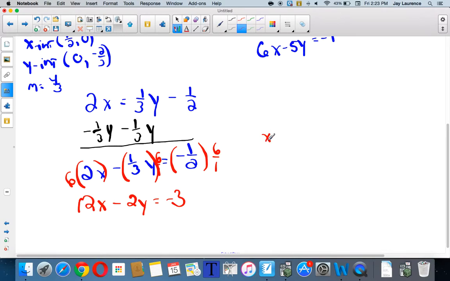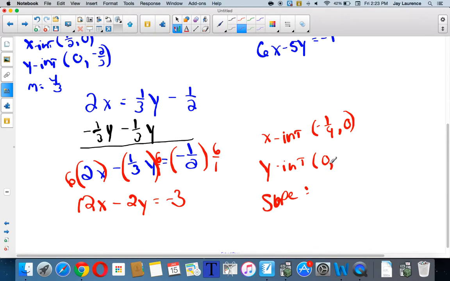Tell you what, go ahead and find me the x-intercept, the y-intercept, and the slope. Okay, well, the x-intercept is going to be (-1/4, 0).